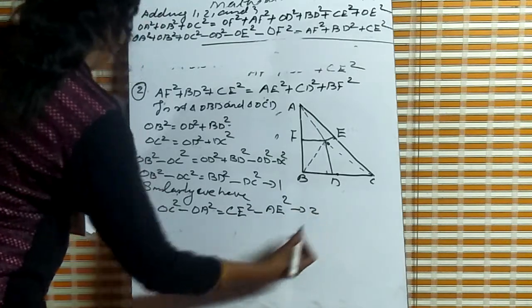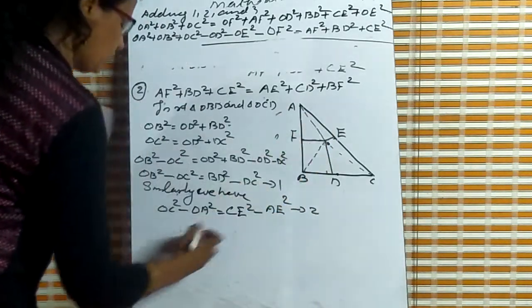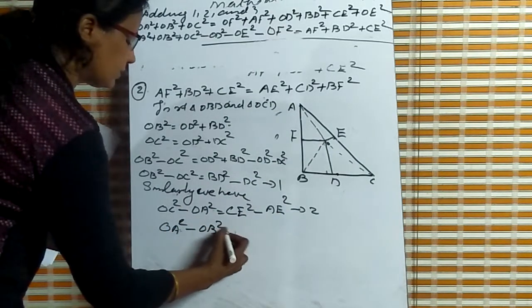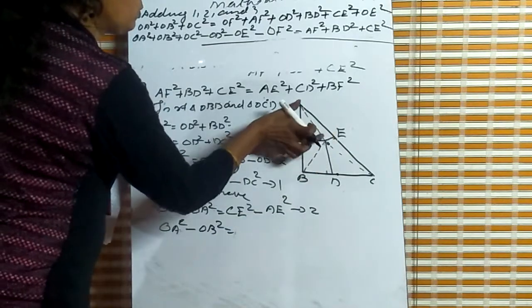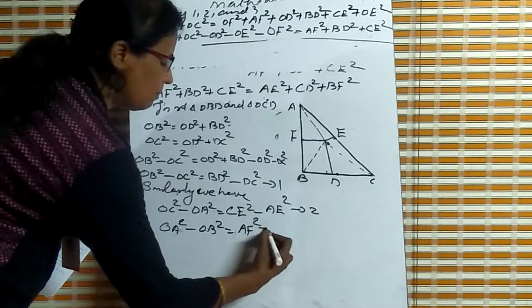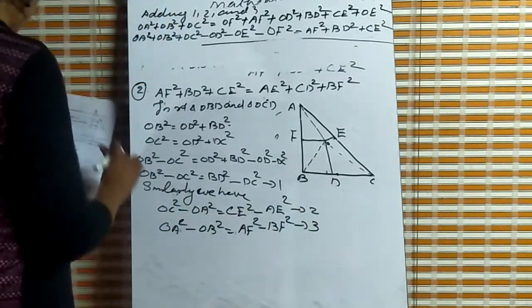Equation 2. Then again, OA square minus OB square is AF square minus BF square. Equation 3.